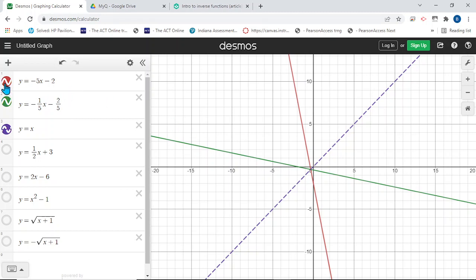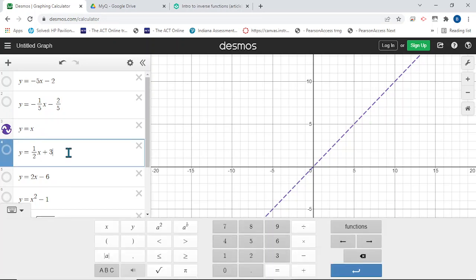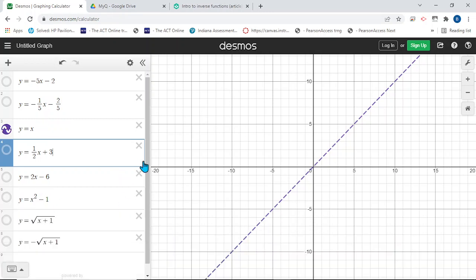So let's go ahead and take those off and look at the next one, which was 1/2 x plus 3. And the inverse is below, 2x minus 6. And I'll leave the dashed line in there, y equals x.